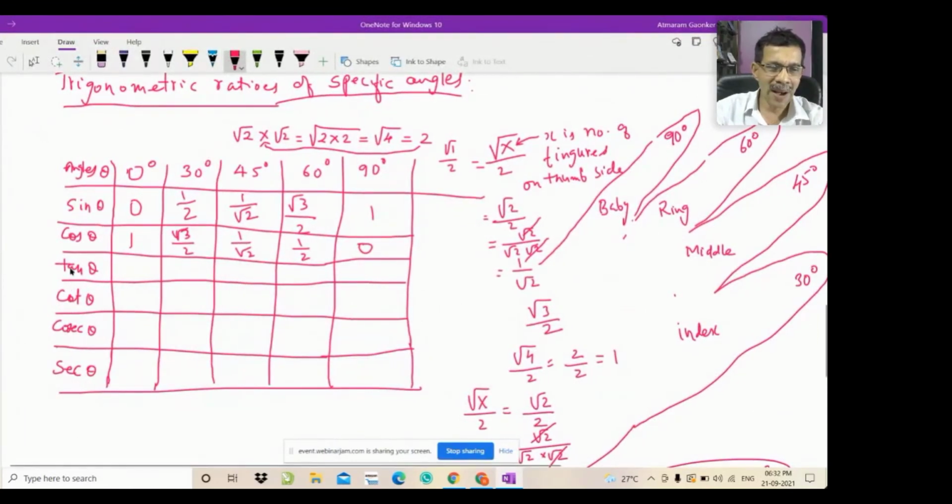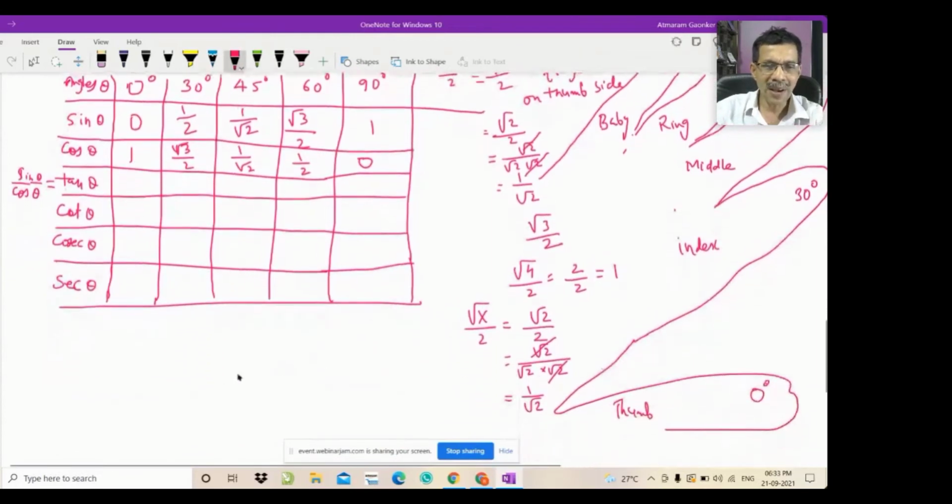And we know tan theta is equal to sine theta upon cos of theta. So that means tan of 0 will be the value of sine 0 divided by cos of 0. So I will write it here.